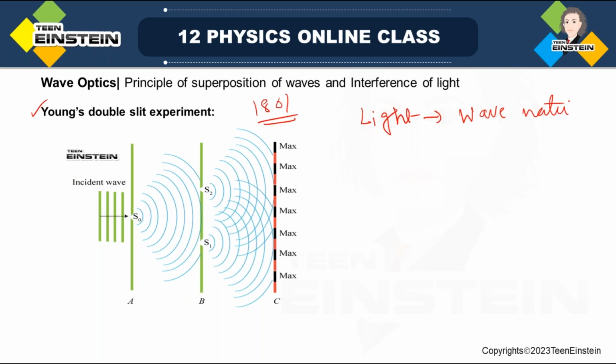So light is not a ray or a classical particle. Light is actually a wave. That is what was established from this experiment, and it was really very important, a great achievement during this time.